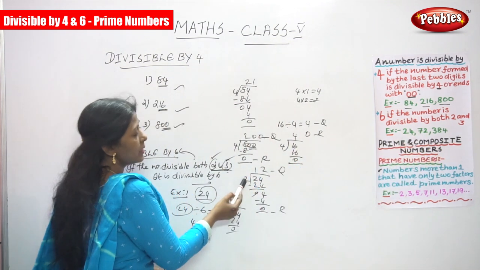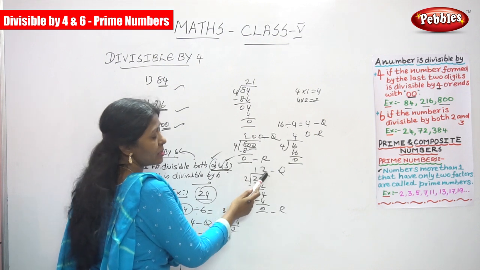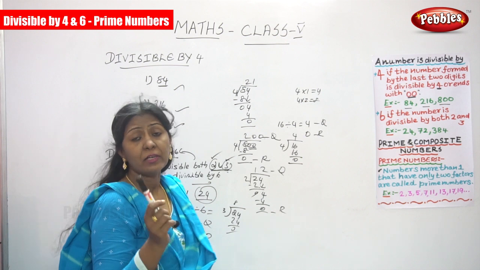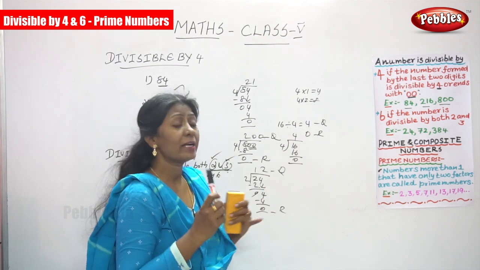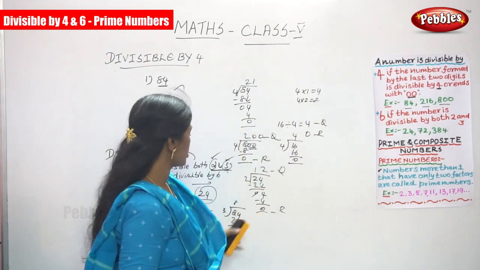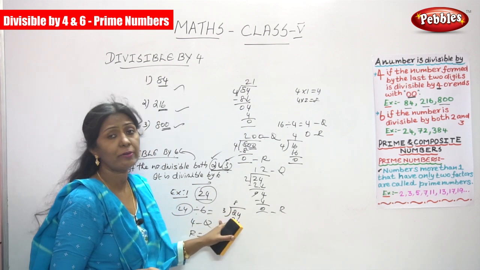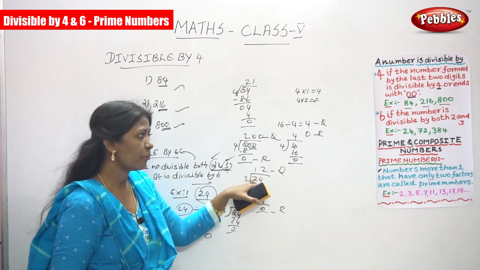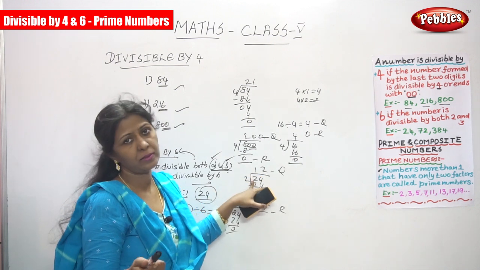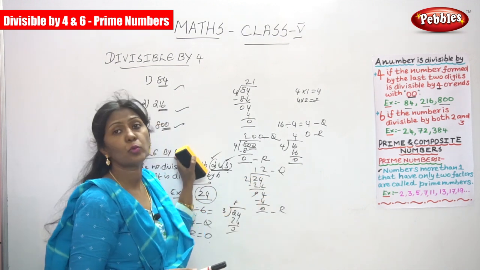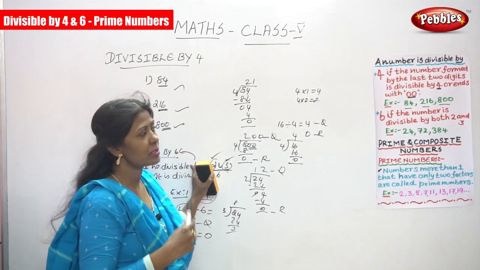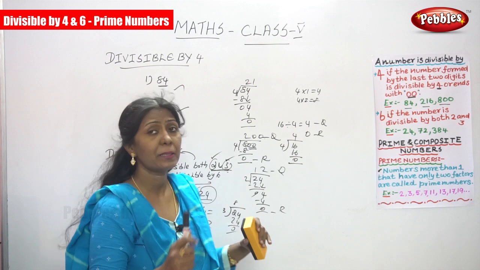I've shown this. The answer is 12, quotient, and remainder is 0. Then 24 divided by 3, that also I have done: 8 3s are 24, that is the quotient, and 0 is the remainder. So 24 is divisible by 2 and 3, so automatically this rule is applicable, so it is also divisible by 6. So this is the rule of divisibility by 6.